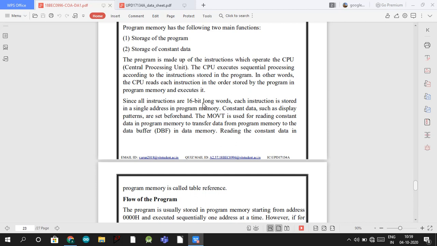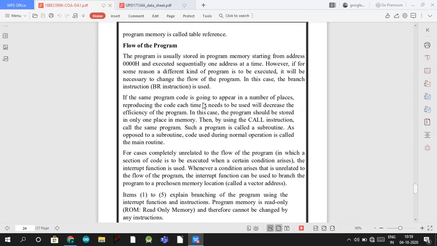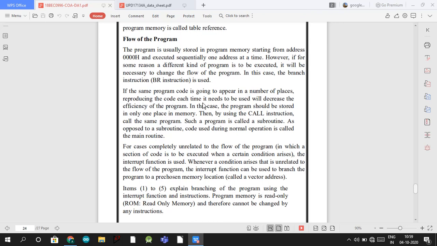You know CPU is called the central processing unit. The central processing unit executes sequential processing according to the instructions stored in the program. In other words, the CPU reads each instruction stored in the program memory and executes it.